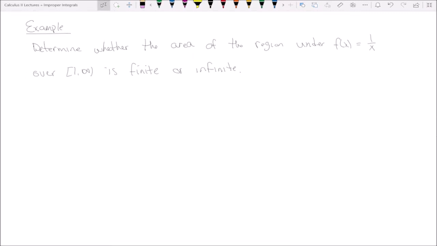Right, now remember that area under a curve is simply an integral, so we want to evaluate this integral.